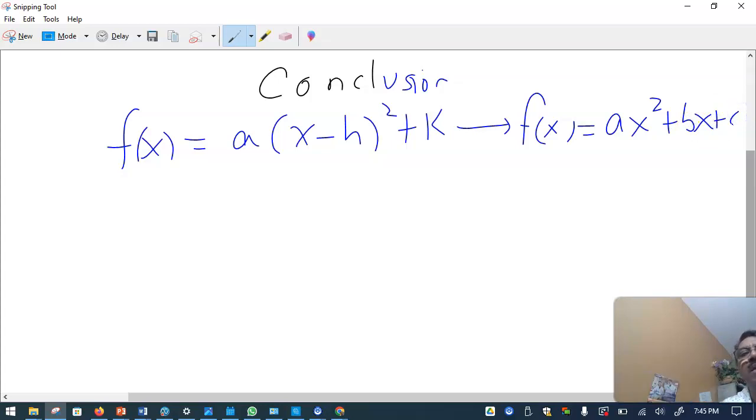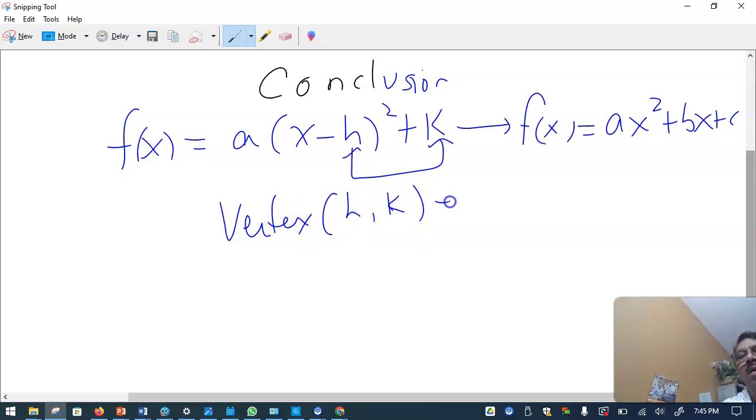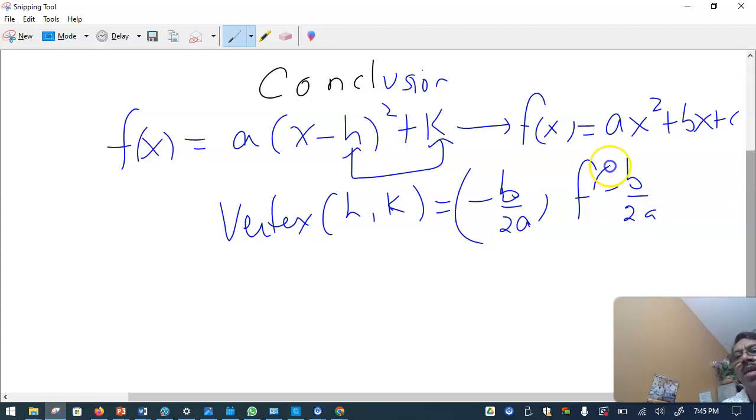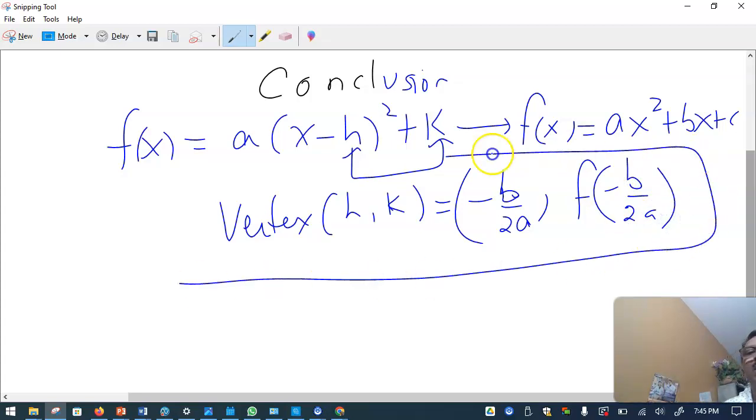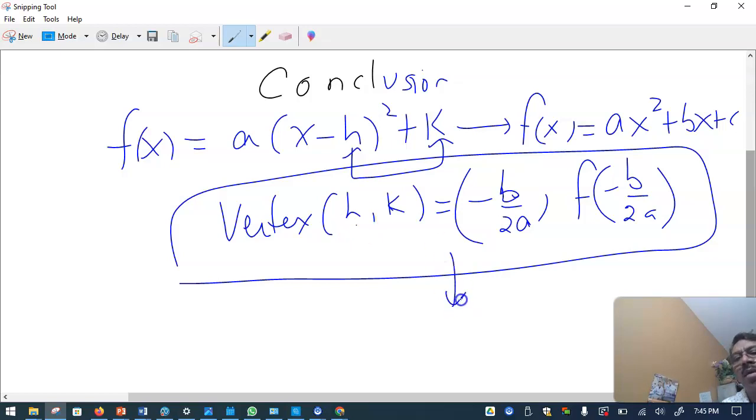The relation between h and k is that the vertex, which is h and k, is minus b over 2a, and the output is f of minus b over 2a, and you're done. That's all it is. This was the goal, to understand that it's really true. I just wanted to make sure why this is, what the reason is, and then I tried to show the proof.